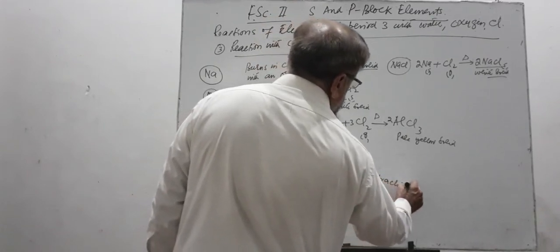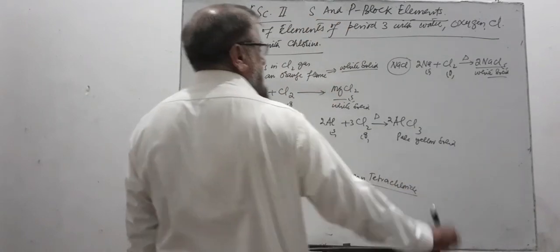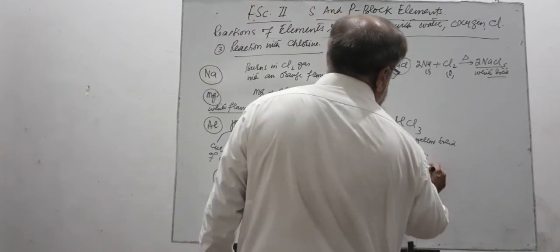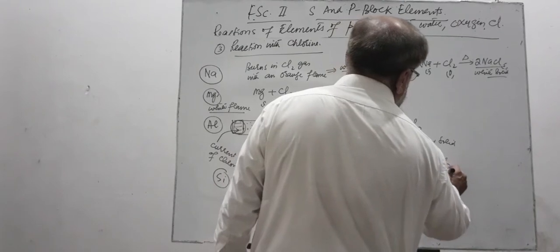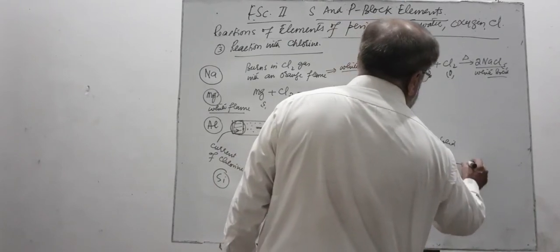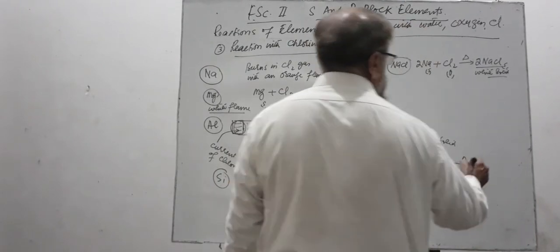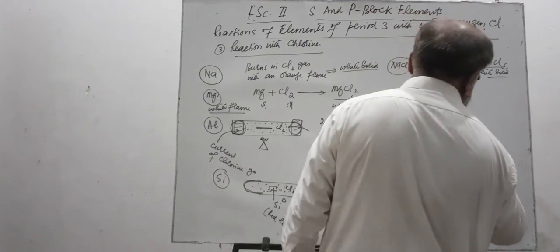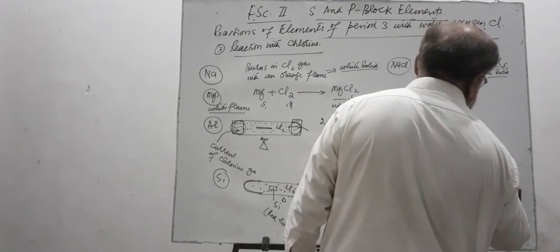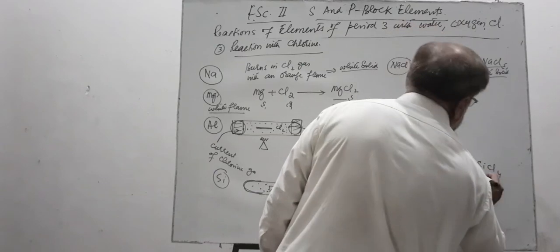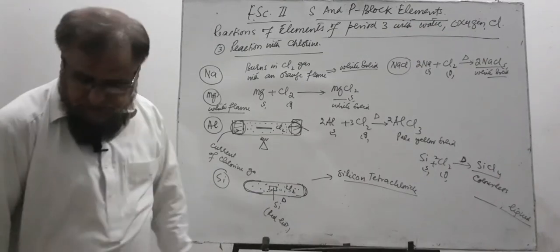Si solid plus 2Cl2 gas, heat, we get SiCl4. SiCl4 is a colorless liquid.